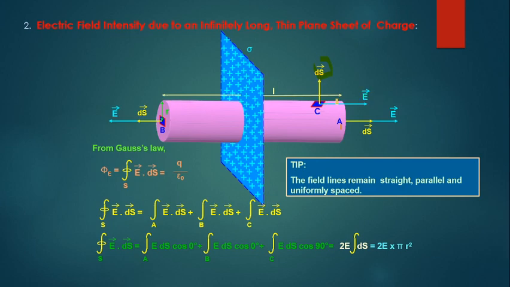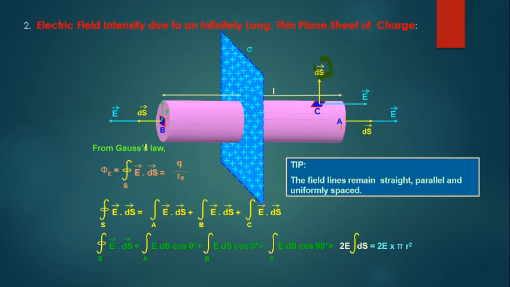Consider a Gaussian surface, a cylinder of length L. Apply the Gauss theorem for this case. The closed surface integral of E dot ds equals Q divided by epsilon naught. It has three surfaces, so the closed surface integral splits into three parts A, B, and C. A is this surface, B is another surface, and C is the curved surface of the cylinder.